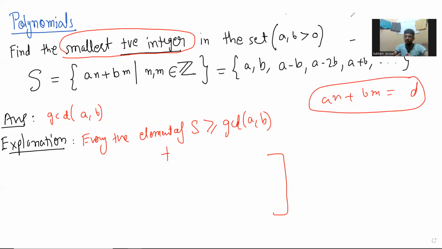You can find N and M. We wrote it as X and Y. So you know that you can find X and Y such that you get the HCF. Now, I'm not asking you to prove it now, but you can find X and Y so that you do get the HCF.